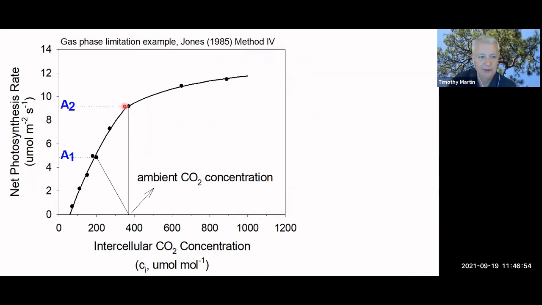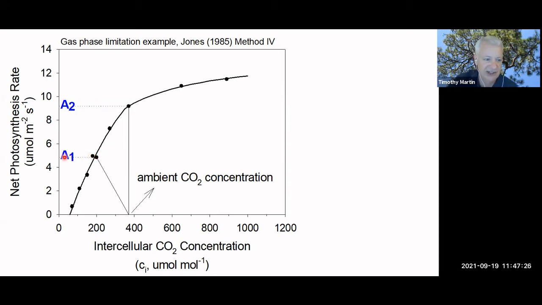So A2 is basically a hypothetical rate of net photosynthesis if there was no gas phase limitation. In other words, if there were no stomata holding the CO2 back, those cells would be exposed to ambient CO2 concentration, and the net photosynthesis rate would be A2, okay? But in reality, when we measure net photosynthesis rate of that leaf under that ambient CO2 concentration, we actually get A1.